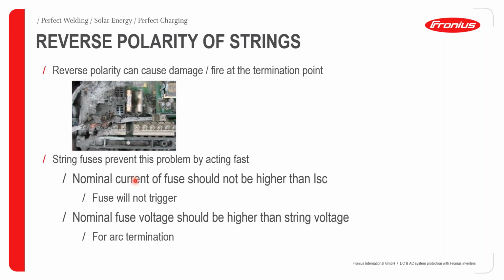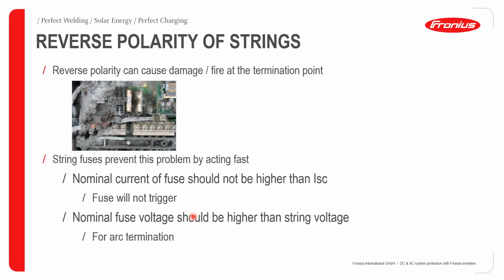But in order for it to do so, it has to be properly calculated and properly placed for each system. So in order to do this, we have some recommendations. The nominal current of the fuse should not be higher than the short circuit current, because if this happens, the fuse of course will not trigger.